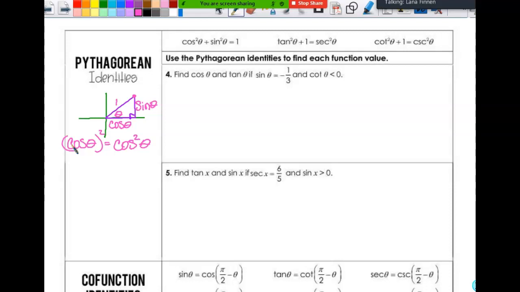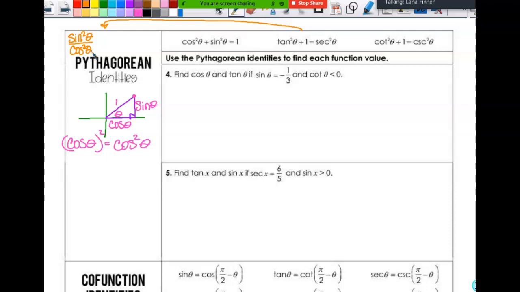If we look at this one, I'm going to rewrite it. It starts with tangent squared. I could make that into sine squared theta over cosine squared theta, since tangent is sine over cosine, so tangent squared is sine squared over cosine squared.